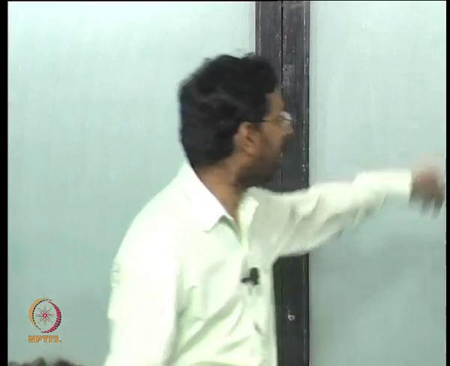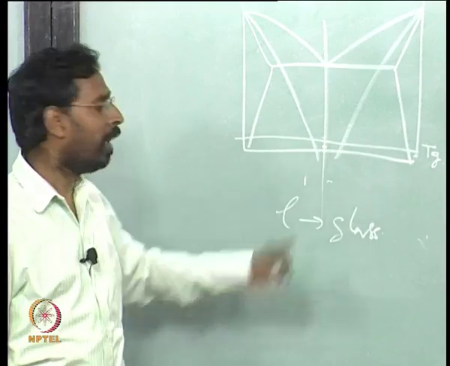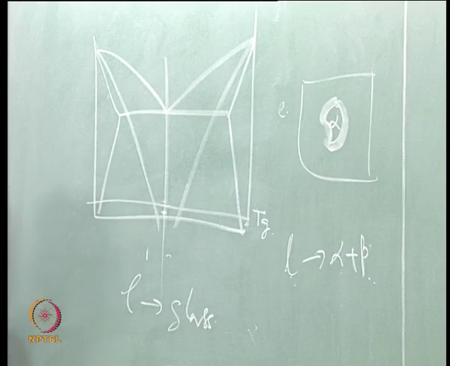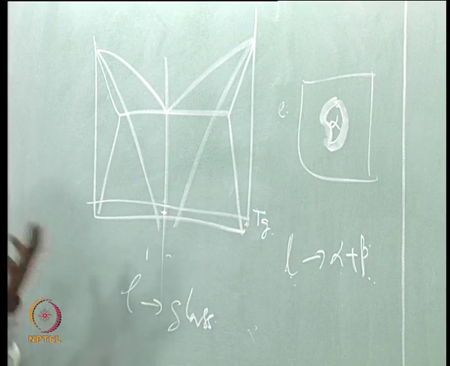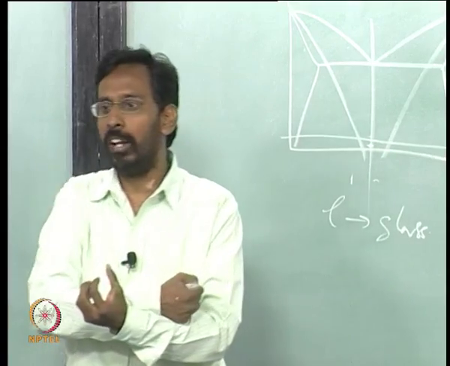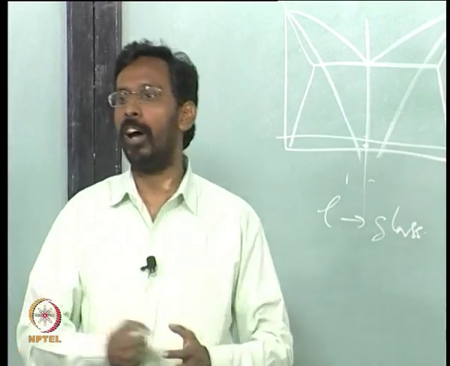Then, because at this temperature partitionless solidification cannot occur, because I am above the T0 for both alpha and beta, the liquid is able to remain as liquid, it is not able to become a partitionless solidification to single phase alpha or single phase beta.